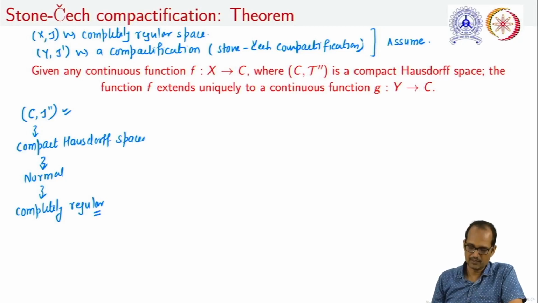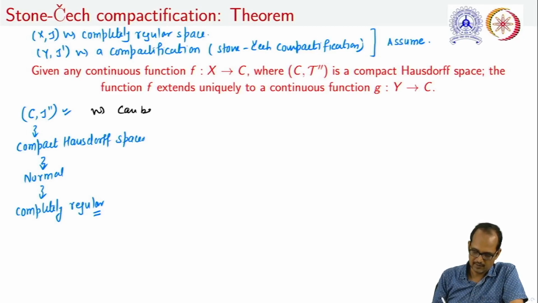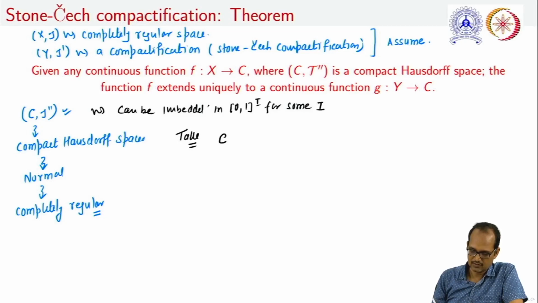And if it is completely regular, we recall the result that this topological space can be embedded in the closed interval [0,1] raised to the power I for some index set I. So let us take this C as a subset of this product of closed intervals.